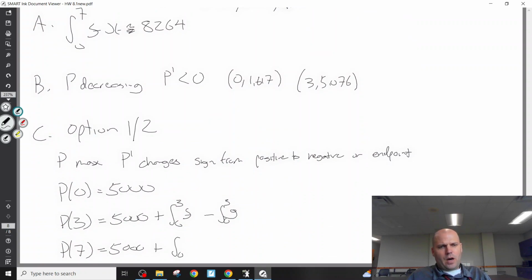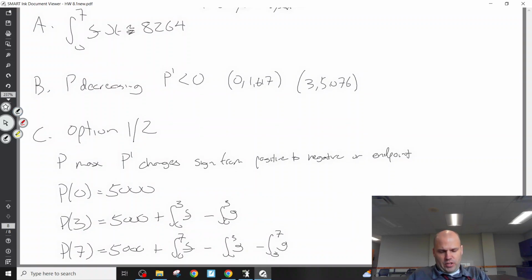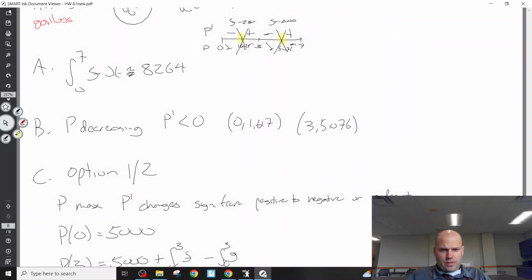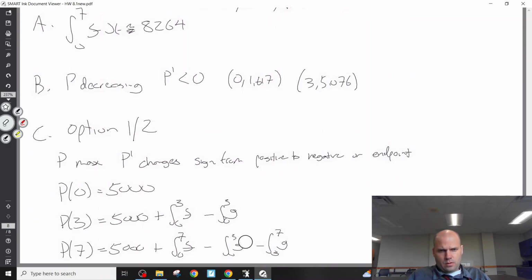No. Well, let's do P of 7 as 0 to 7 minus 0 to 3 of G, but also minus 3 to 7 of G. 0 to 3 of 250, and then 3 to 7 of 2000. You could do the math on this.